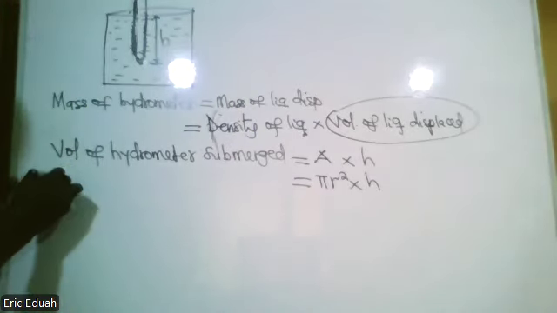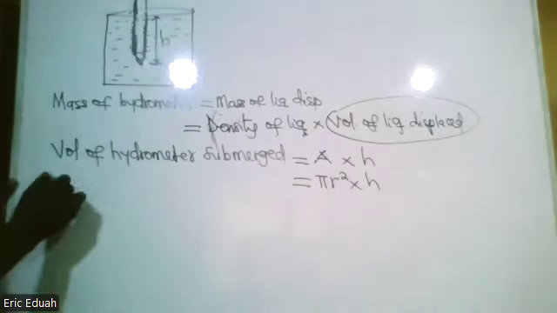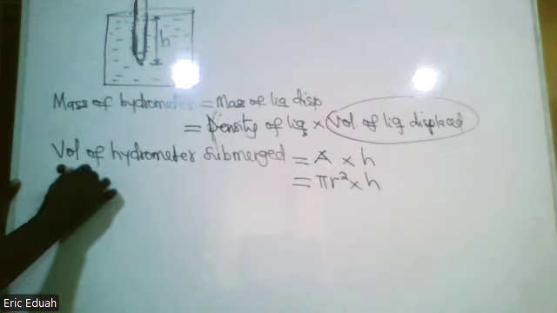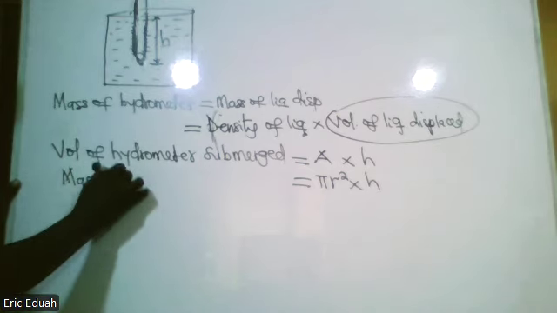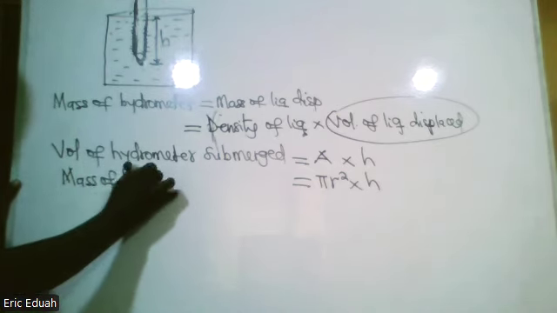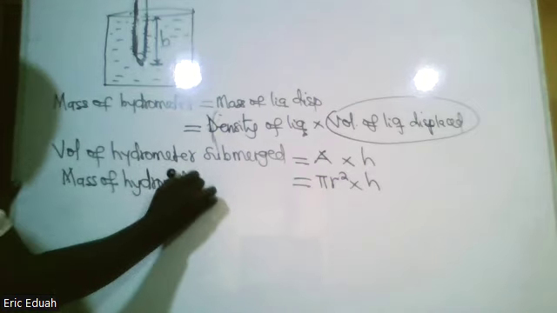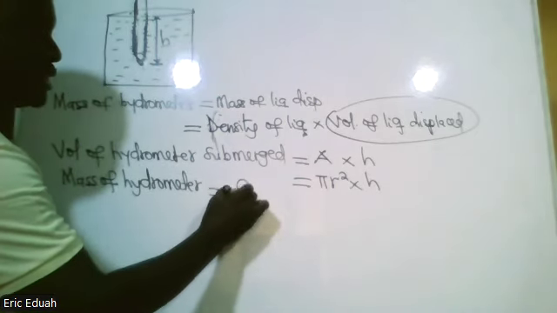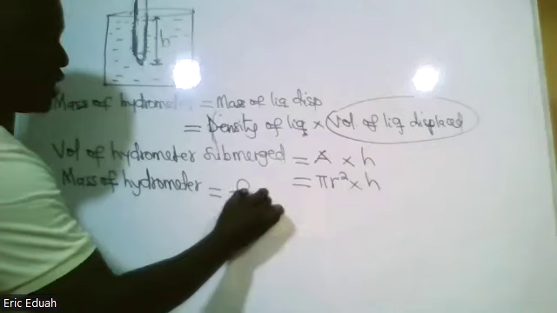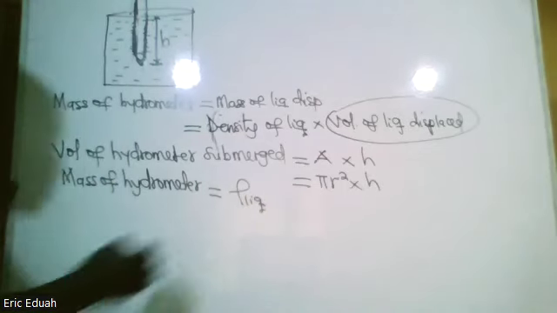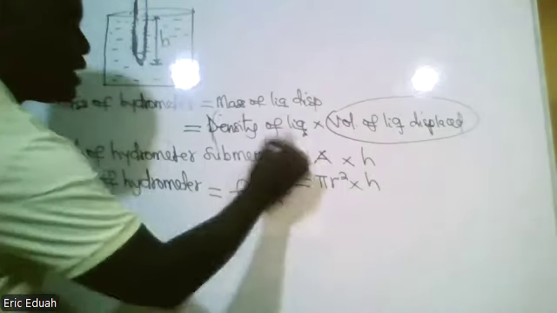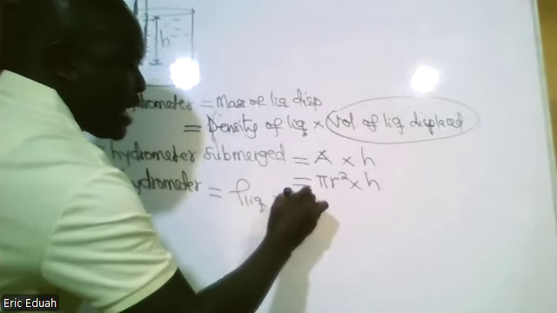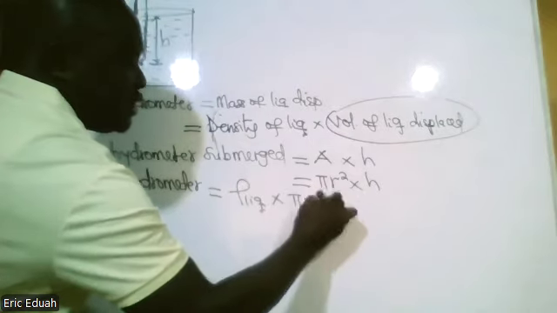So let's equate mass of hydrometer is equal to density of liquid displaced times the volume of liquid displaced, which is being expressed as pi r squared h.